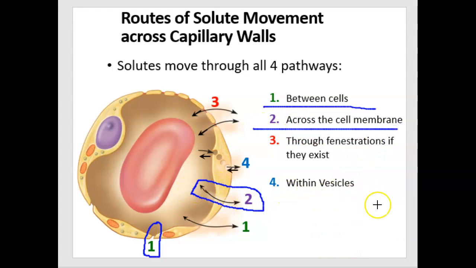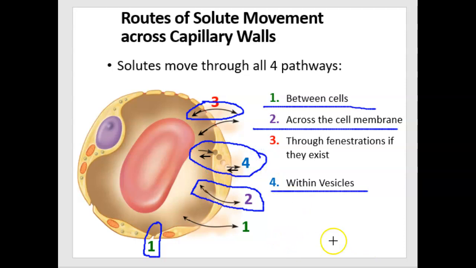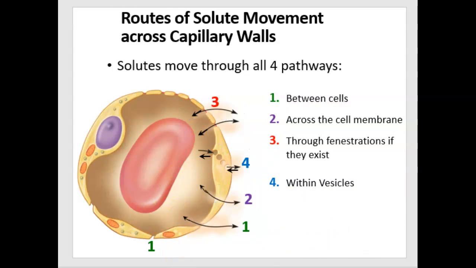And then third, in fenestrated capillaries, which we won't really see in continuous capillaries, substances can move through those wide slits called fenestrations. And the last way that solutes move in and out of the blood is inside vesicles, through exocytosis and endocytosis.